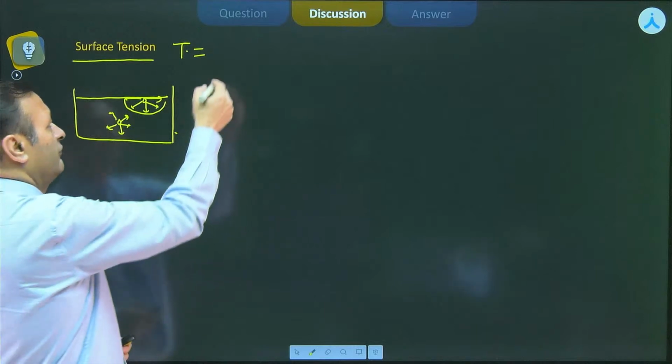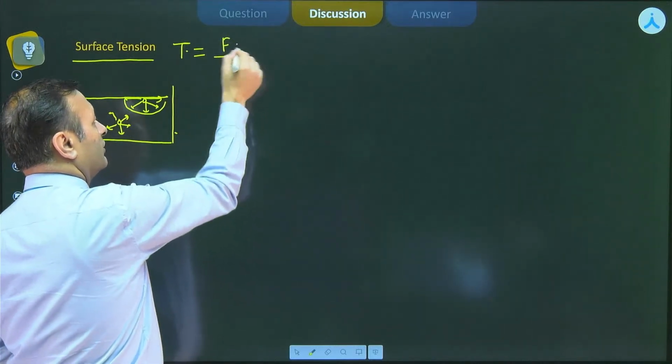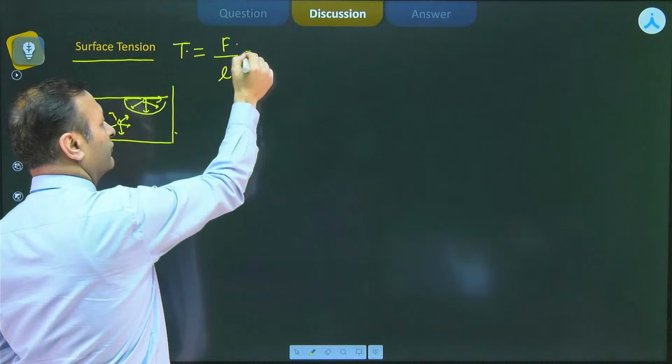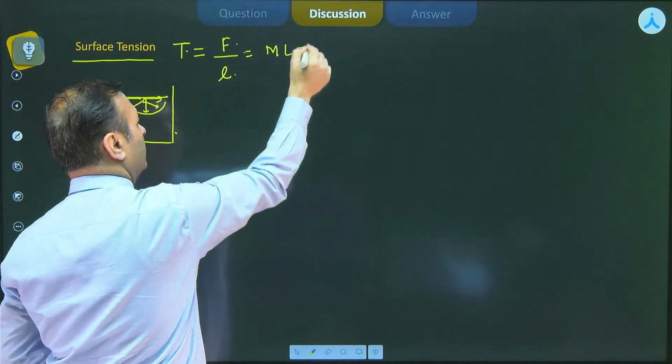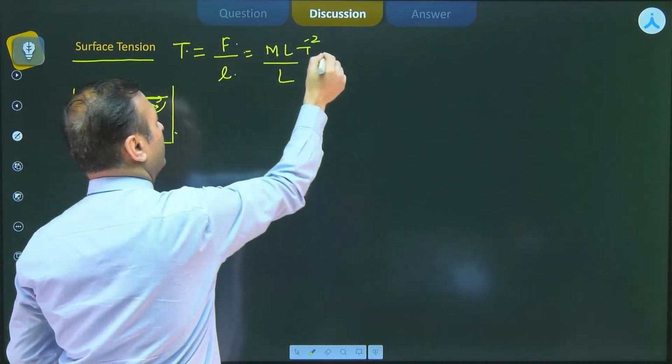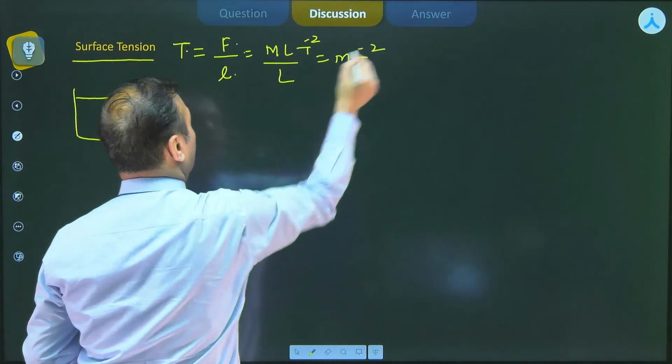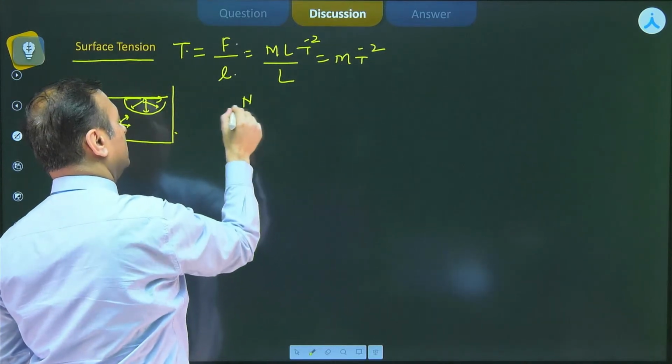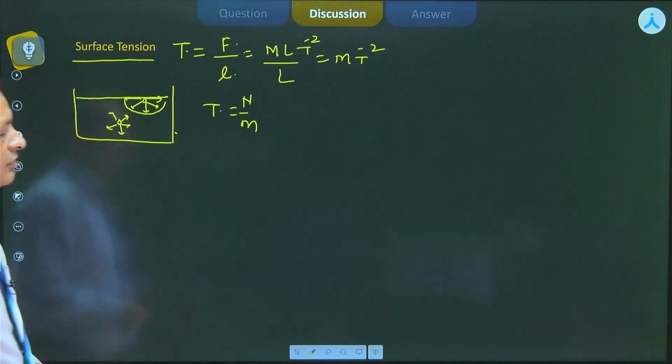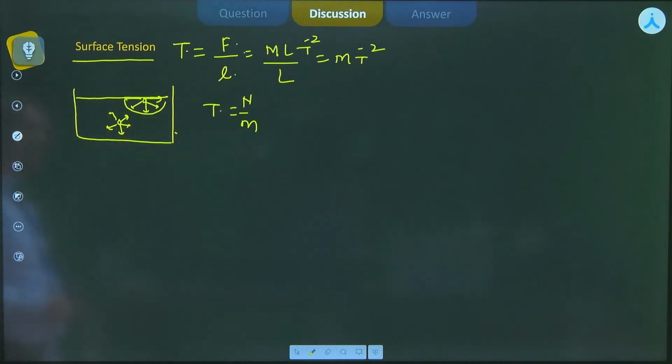This tangential force experienced per unit length of the free surface is called surface tension. So MLT minus 2 by L gives me the dimensional formula. Newton per meter is the unit. You got it or not? So this is the concept of surface tension.